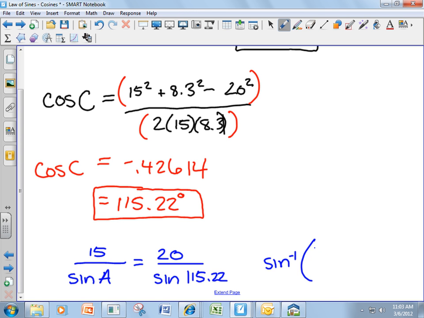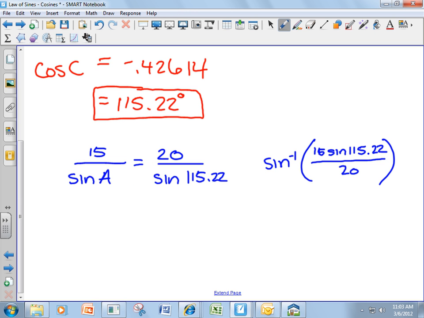Let's see, you're going to have a 15 sine of 115.22 divided by the 20. And when you do the inverse sine of that, you should get your angle A, which ends up being 42.73 degrees. And now that we know two angles, we could pretty easily solve for angle B by subtracting from 180.